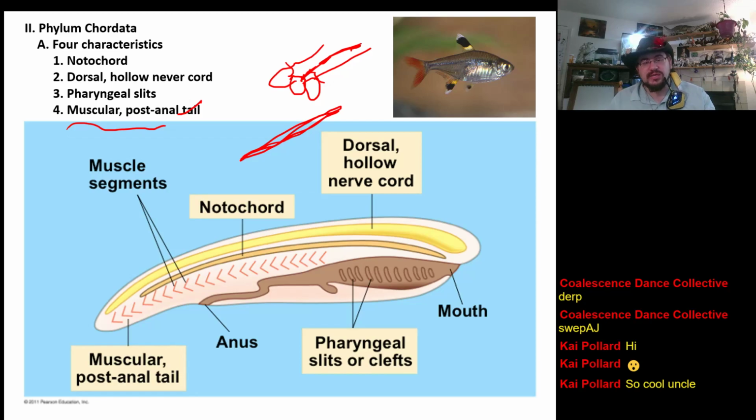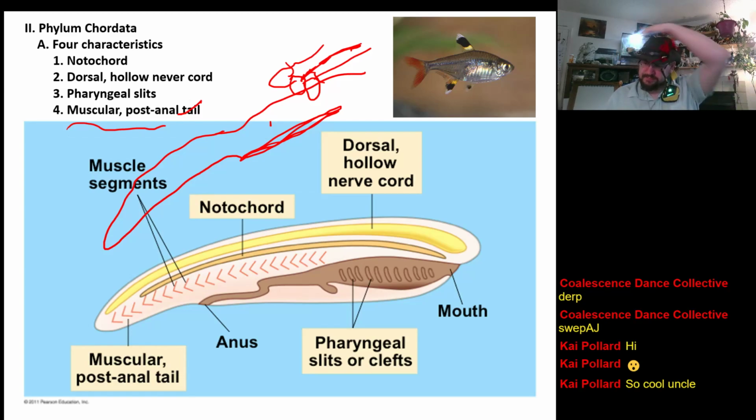In chordates, the tail extends past the anus. So it is a muscular tail, skeletal elements for movement. So pretty cool.